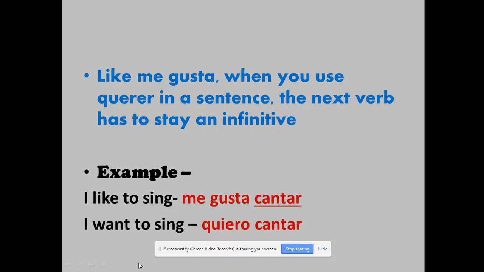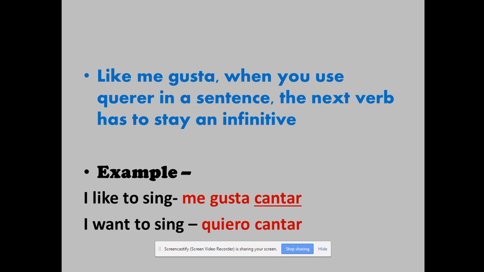Just like this example down here, when we remember how to say I like to sing, we would say me gusta cantar, because we're saying to sing pleases me. When you have a verb already conjugated, you may not conjugate the second one. So anytime you're going to say I like, the next word has to be an infinitive. So me gusta bailar, me gusta cantar, me gusta cocinar, me gusta dibujar.